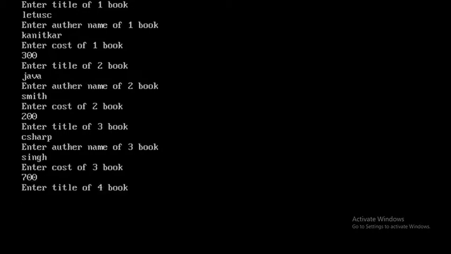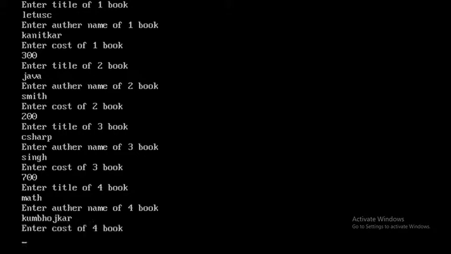Now we have to provide details of the last book, because we made a modification there. We reduced the size to 4, so we have to provide the title of the fourth book, suppose maths. Then the author name of the fourth book, suppose Kumbhoskar, and the cost of the fourth book, suppose 600.